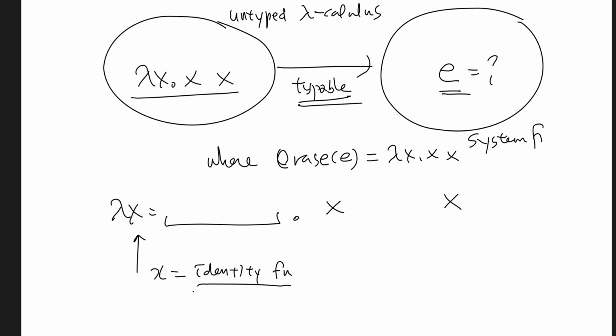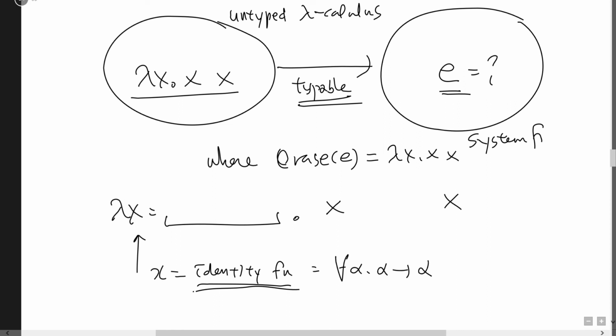So in the case of identity function, perhaps the type is for all alpha, alpha arrow alpha. So in fact, if an expression has this type, it must be an identity function. So let's say it has for all alpha, alpha arrow alpha.